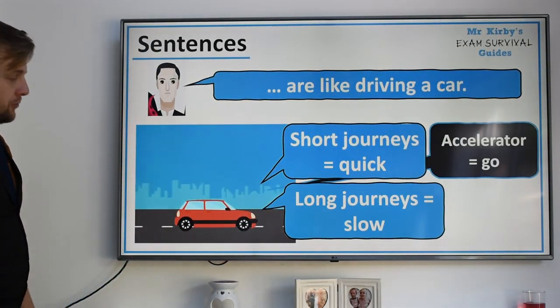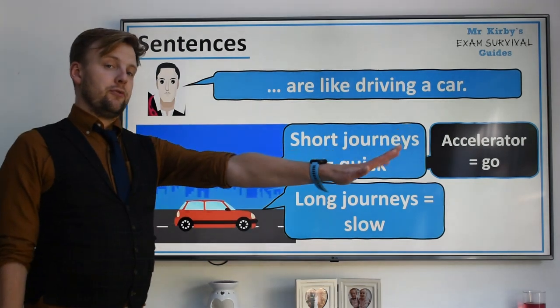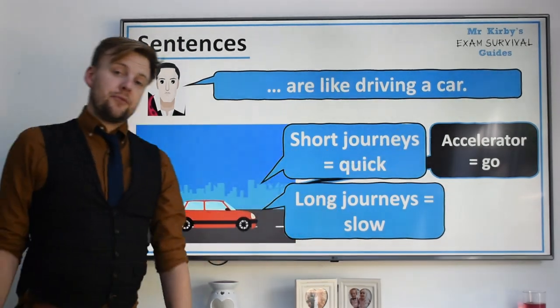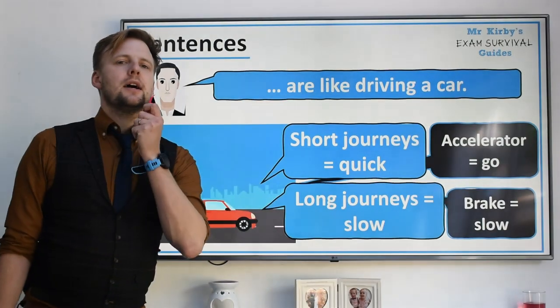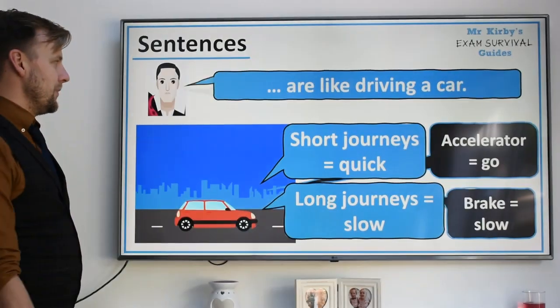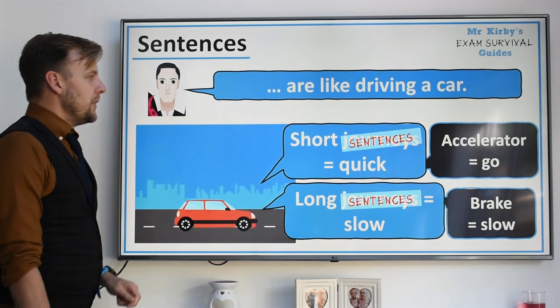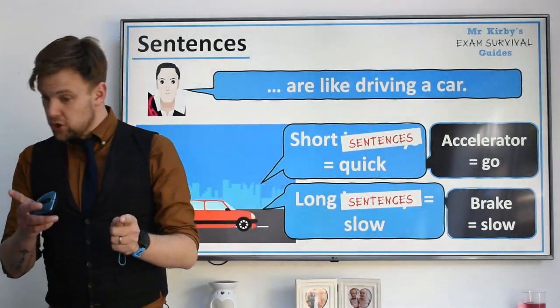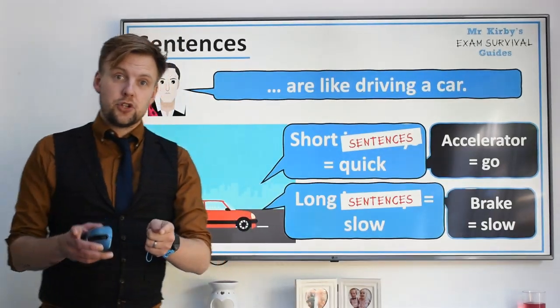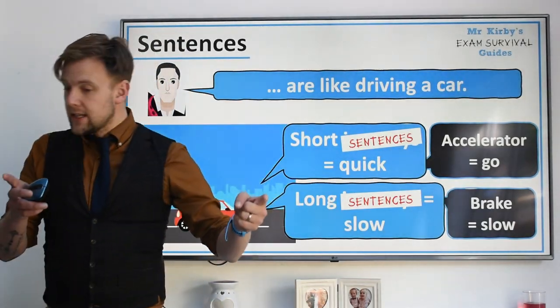When we are pushing the foot on the accelerator, the car is going forwards, whereas if we put our foot on the brake, well, that means it slows down. Sentences are exactly the same, okay? Let's have a look. So short sentences are going to be quick. It doesn't take us long to go from there to there in the sentence, if it's short. Long sentences are slow.